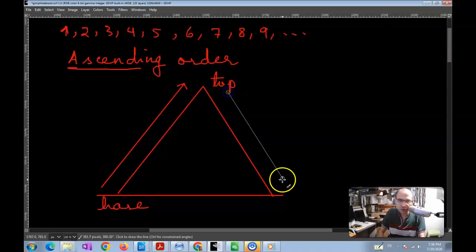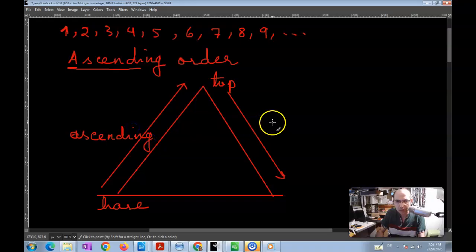If from the top, you move towards the base of the mountain, you are descending the mountain, right? So this is ascending, and this is descending.